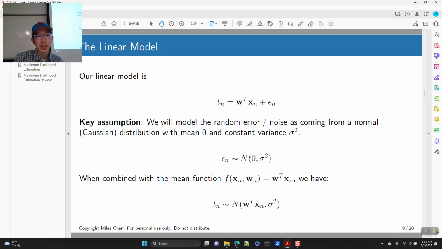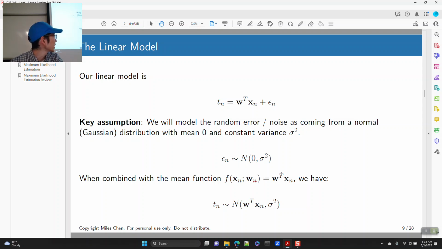Okay, but if we combine this, we have some input values x sub n and our model parameters w. Actually, sorry, there should be no subscript n there.